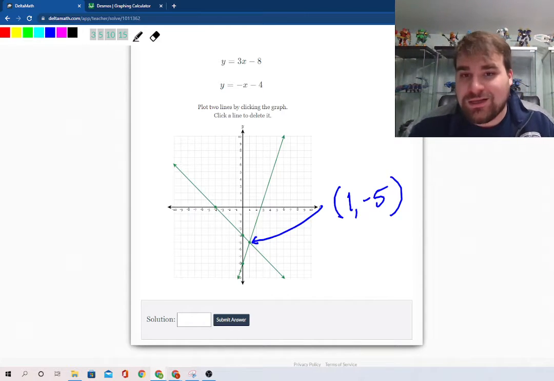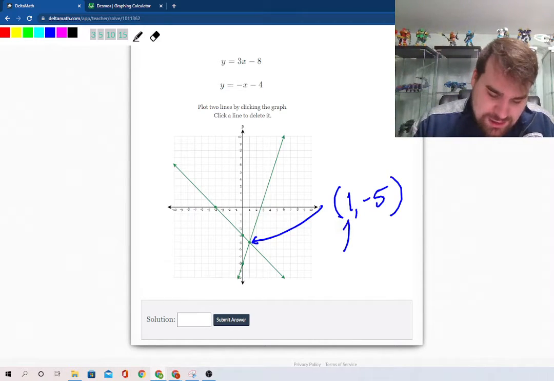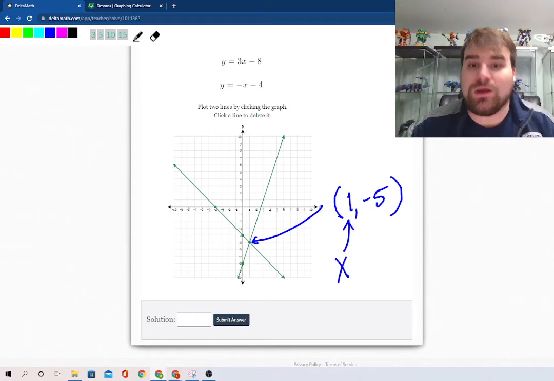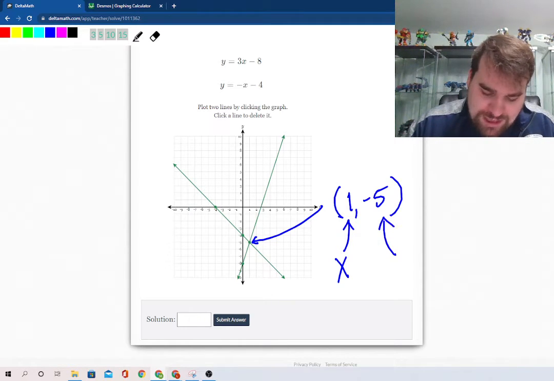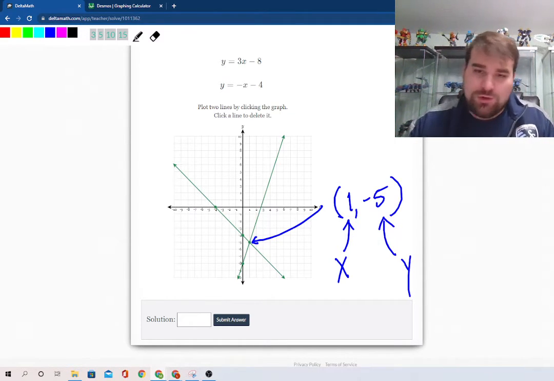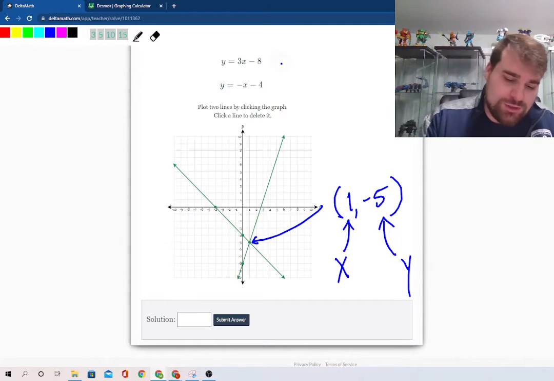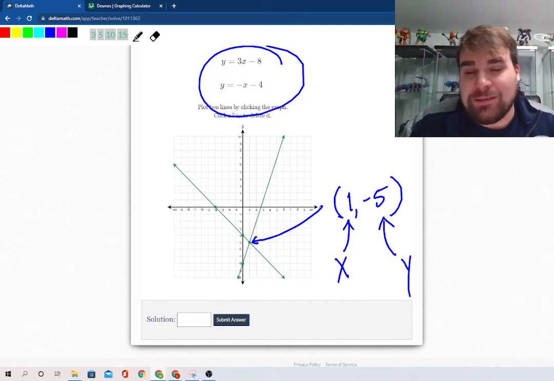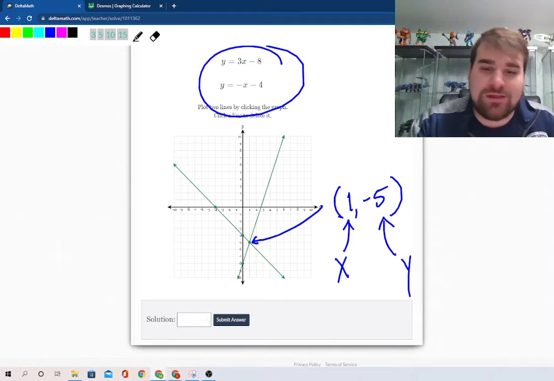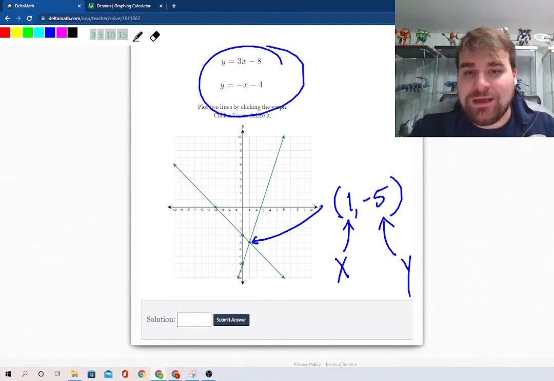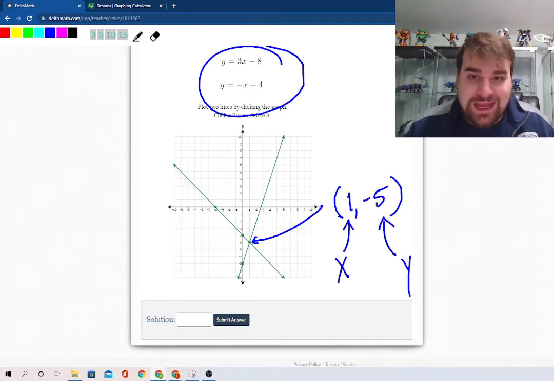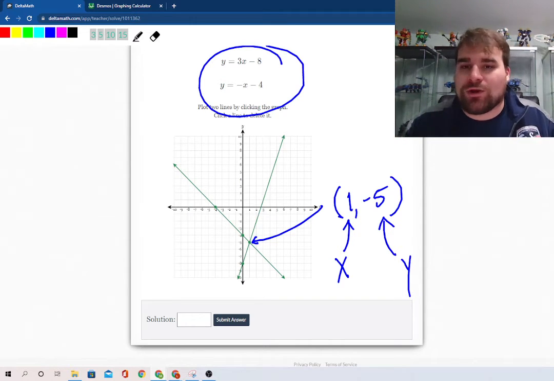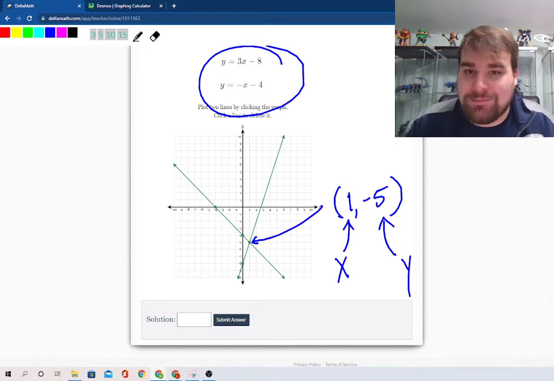And that would tell us that this has an x value of 1 and a y value of negative 5. So if I were to go back to these original equations and plug in 1 for x and negative 5 for y, I would get the correct answer. The equation would work. It would make a true mathematical statement.